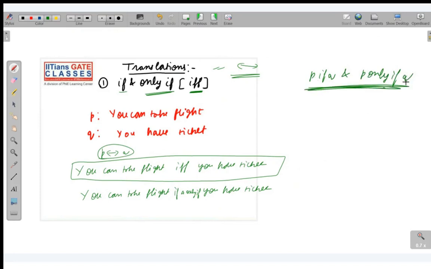P if Q and P only if Q. It is nothing but P if and only if Q. Are you getting it? In English, I have got it. P if Q and P only if Q. So I can say P if and only if Q.